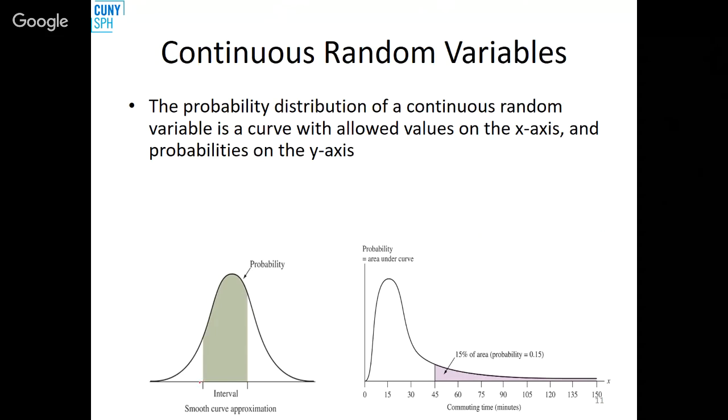So the probability of a BMI between 20 and 27, let's say. You can use this curve to calculate the probability of having an observation between those limits.